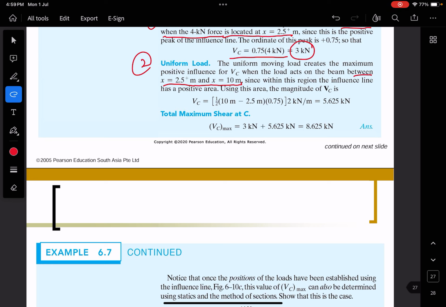So this is the area: multiply the length with the height, which is 0.75, and with the uniform distributed load, and then you get this. So the total maximum shear is a combination of 3 kilonewton plus 5.625 kilonewton. So you will have this value as the maximum shear at C.